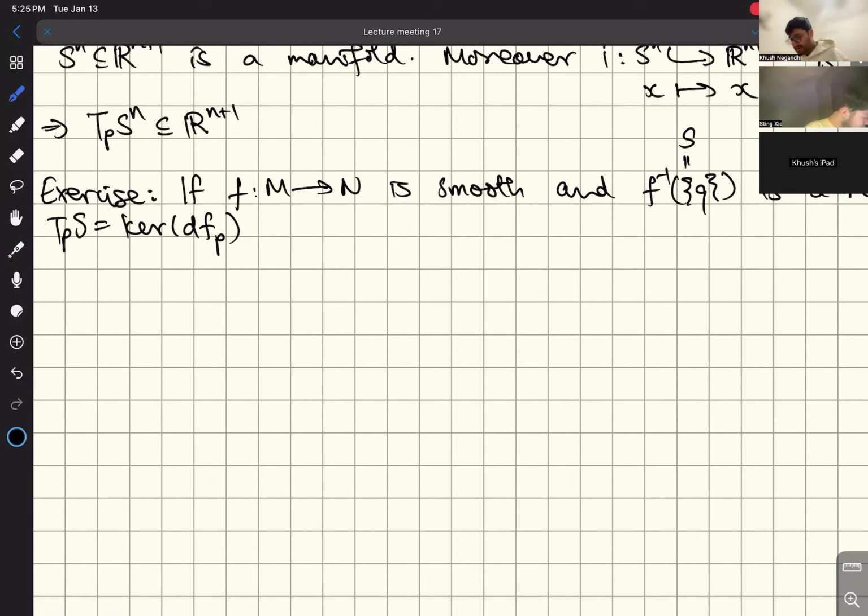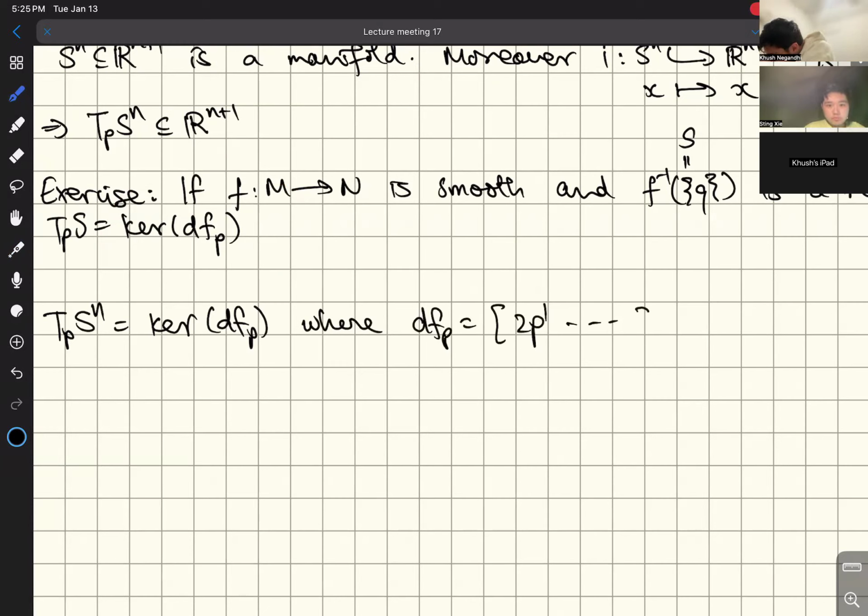And that's reflected here, because this tells us that T_p S^n is equal to the kernel of df_p, where df_p is equal to 2 times (p_1, ..., p_{n+1}).